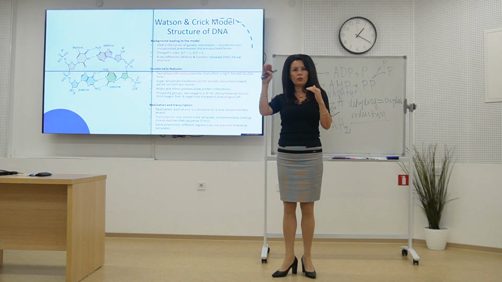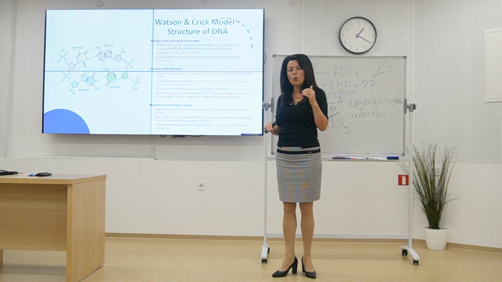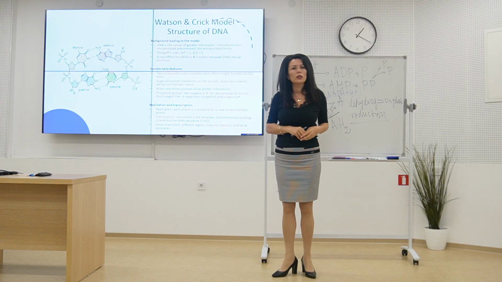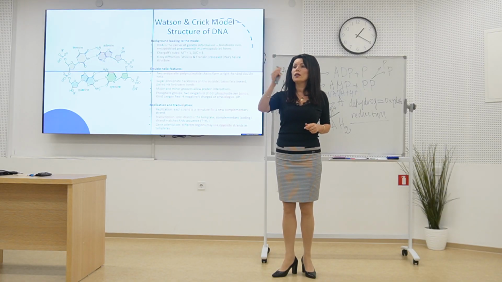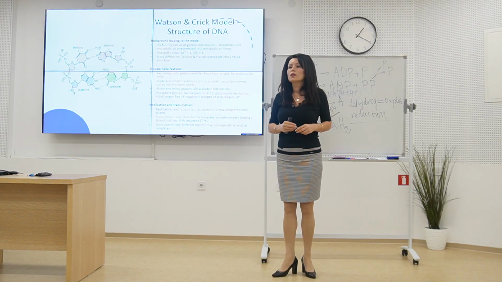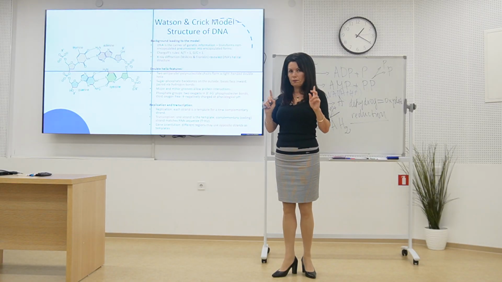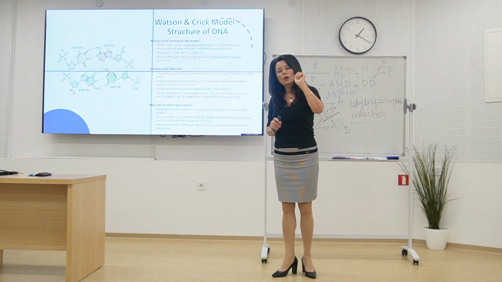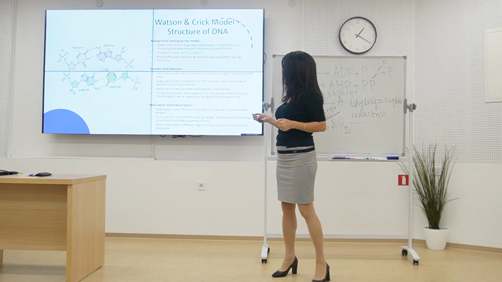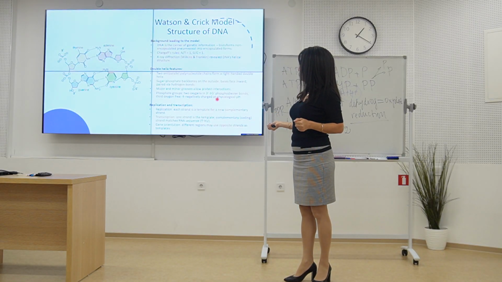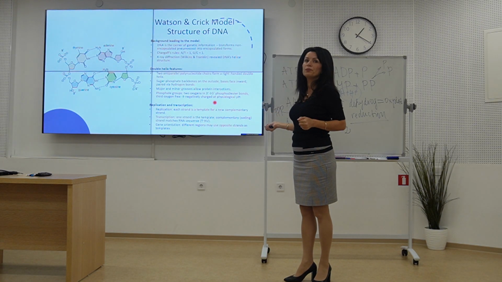Okay. And the connection between nucleotides. What is the name of these bonds between nucleotides, which form the primary structure? Hydrogen? No. Between nucleotides, not between bases. Yes, they are covalent bonds, but they are called 3', 5' phosphodiester bonds.